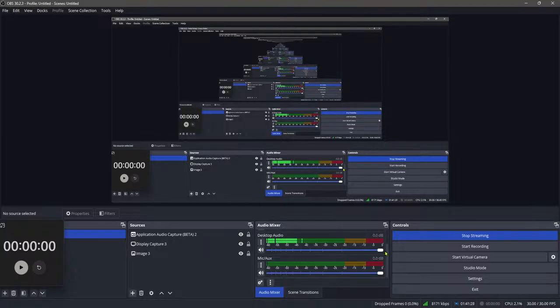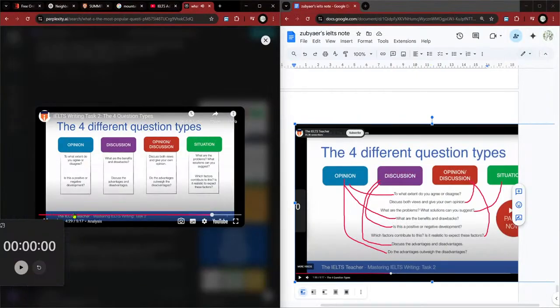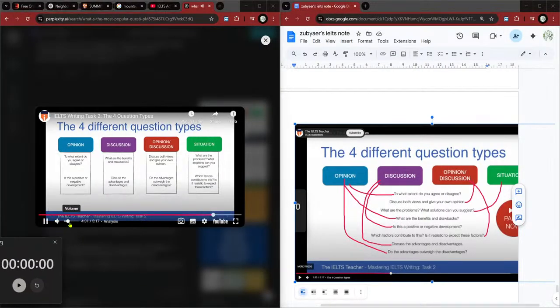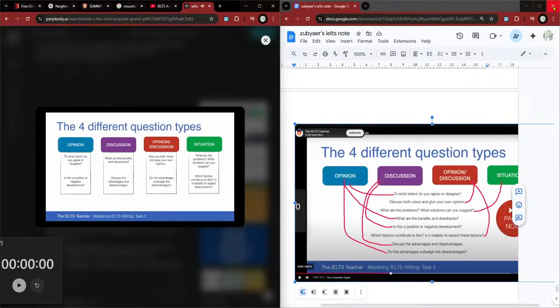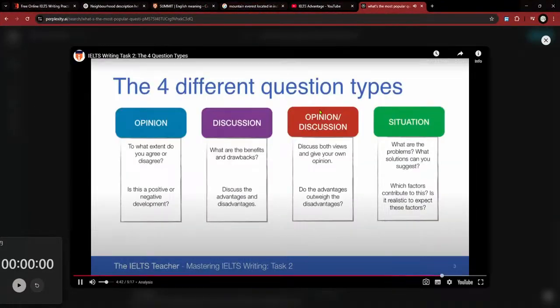There's a clear opinion being asked of us here. Do we think there are more advantages than disadvantages? However, if we are to say that there are more advantages than disadvantages, we must be aware of the disadvantages as well, and we must make the reader aware that we are aware, if that makes sense. So we need to look at both sides of the question, both sides of the arguments.